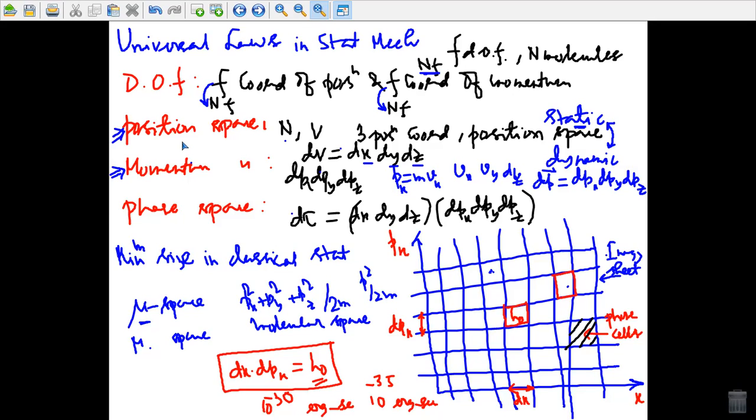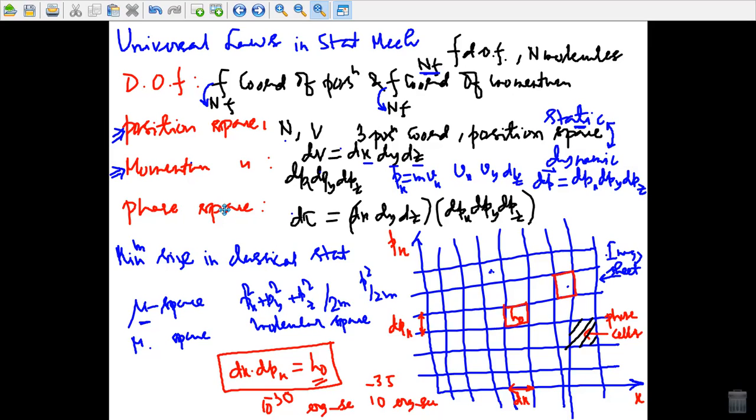So the three-dimensional space in which the location of a particle is completely given by the three position coordinates is known as the position space. The small element in position space is denoted by the volume element dV, expressed as dV equals dx dy dz.